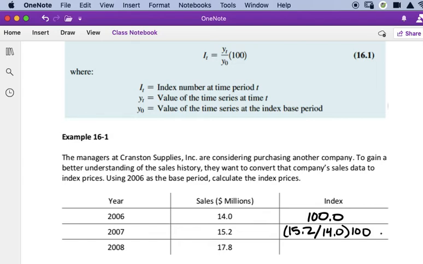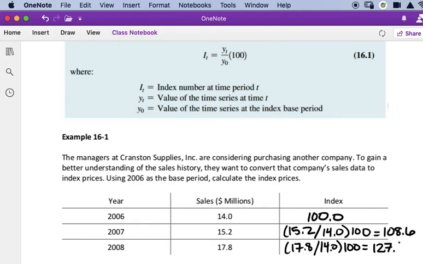And if I do that on a calculator, I would get 108.6. Same thing for 2008. I would do 17.8 divided by 14. So you're always dividing by your base period amount and then multiplying by 100. If I do that on a calculator, I should get 127.1.